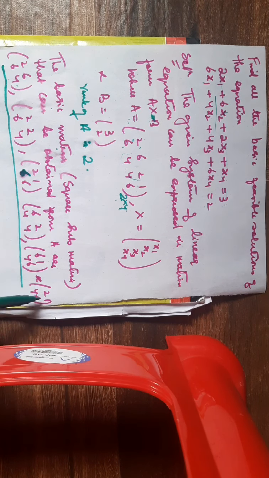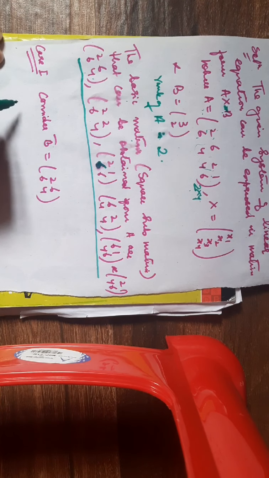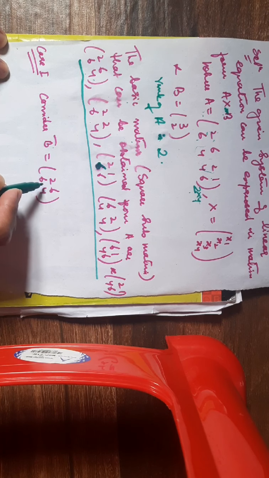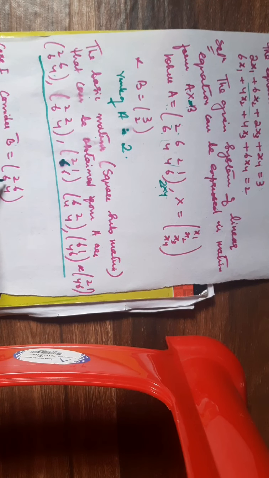So case 1: let us consider B bar to be the basic submatrix, the first one, 2, 6, 6, 4. So B bar is equal to this one. Now you see which variables are not associated with this basic matrix B bar.